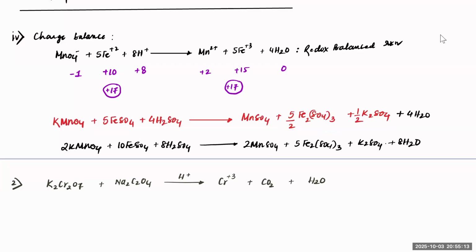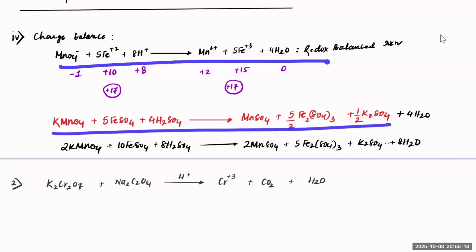So for that, in the given set of charge balance, whatever values you got, you first use the same values. So 1, 5, 8. You're using the same values. Here 4 means 8 only. Again, I'm using 1 here, 5 here.